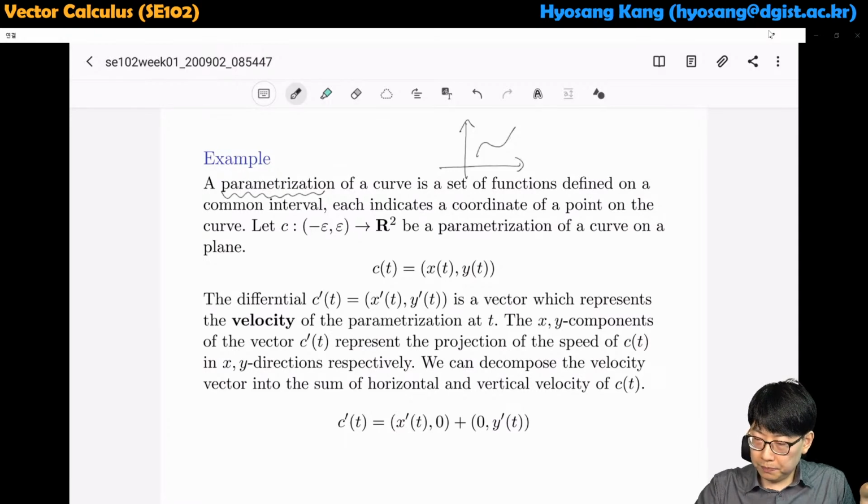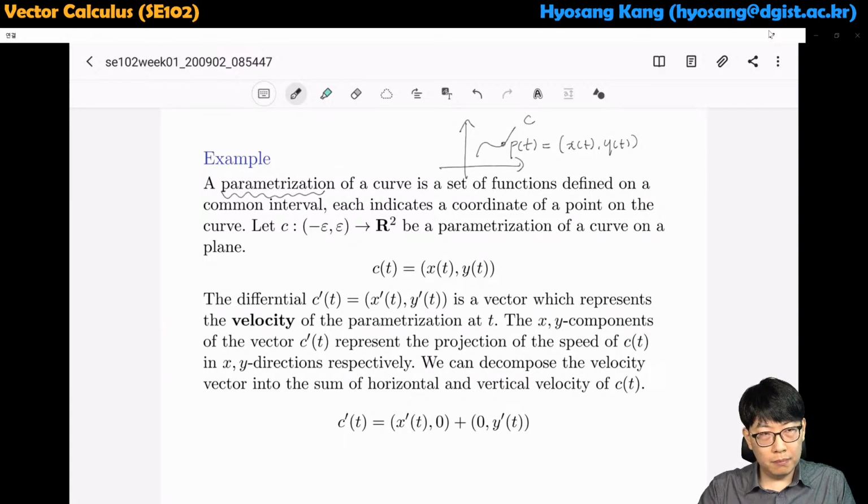So for example, this is our curve C. C is nothing but a collection of points in the plane. But I want to specify a point lying on this curve. For example, let's say P lies in C, and I want to find out the coordinates of P in terms of the parameter t.